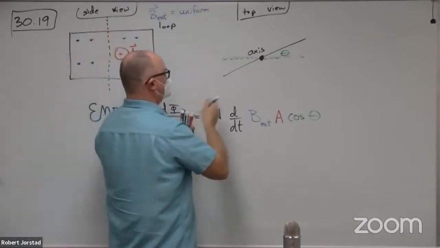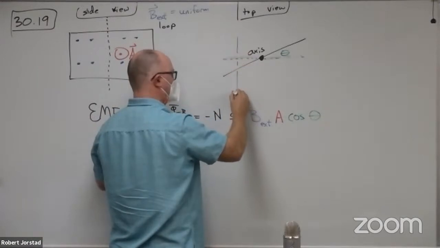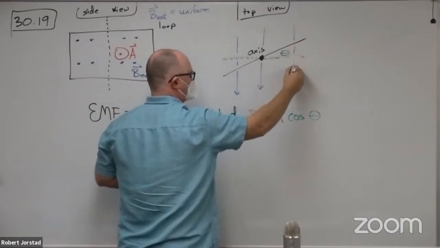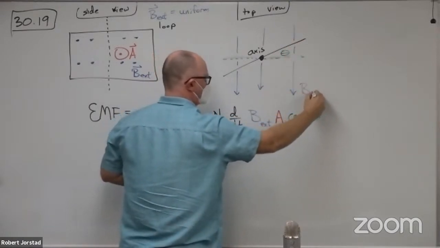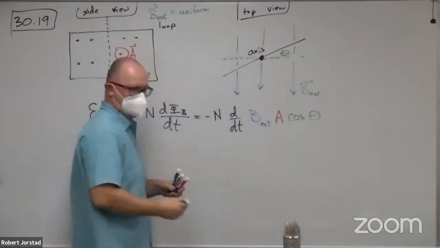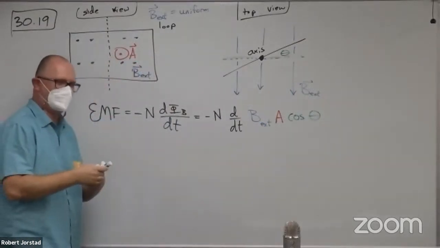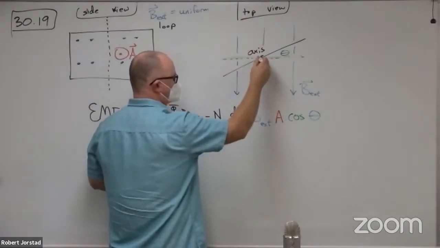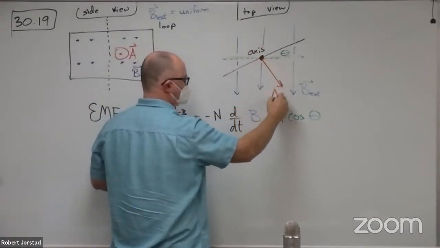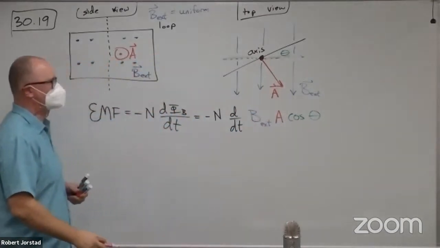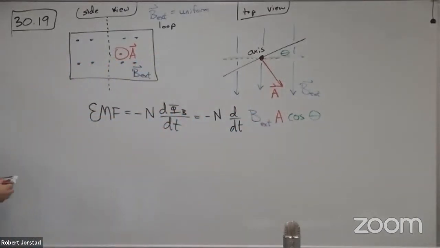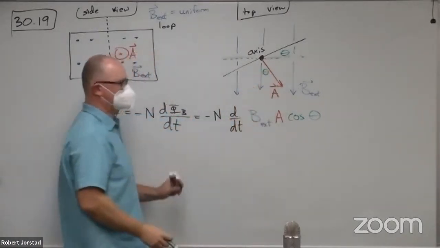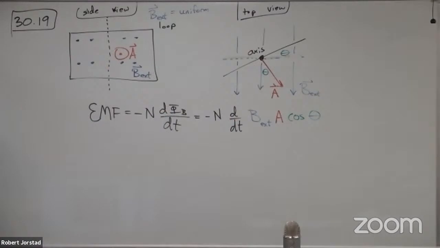If we're viewing it from the top, we have B external this way. You guys good or no? All right, that's fine. Okay. The area vector is going to be this way, right? Do you see that the angle between them also happens to be theta? That's what I was trying to stress here. That's it. Good.